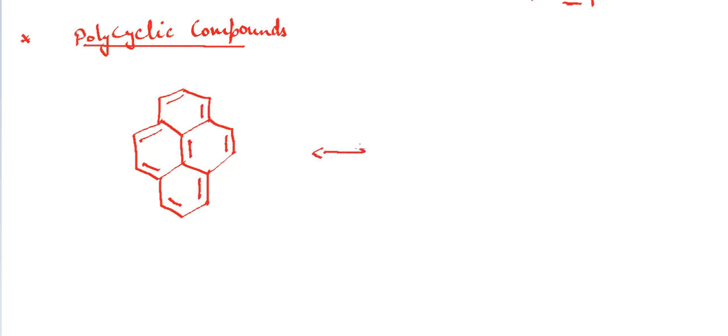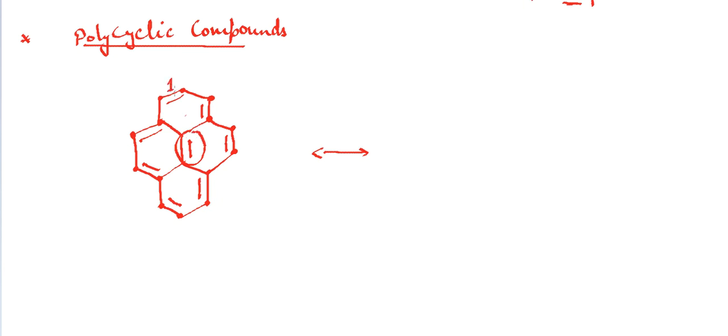Now in this case, if we need to check whether it is aromatic or not, then just count the peripheral pi bonds, that is, the pi bond that should be counted involves at least one carbon which is a junction carbon and is a peripheral carbon as well. So you can say those carbons that I'm circling now are present at the periphery of the molecule. So these are peripheral junction carbons. So only those pi bonds are counted that include at least one peripheral junction carbon, which means we should not consider the effect of this pi bond in the aromaticity or delocalization.